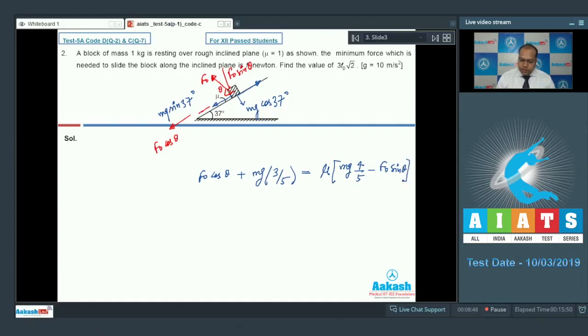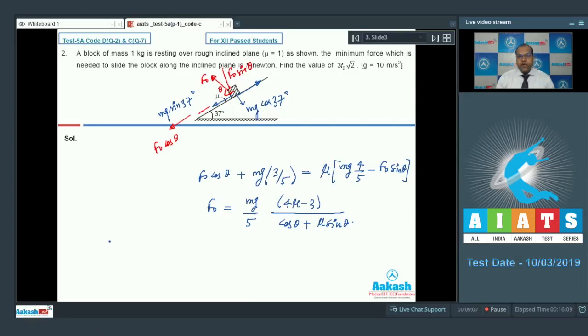If I solve this, the value of F naught comes out to be mg by 5 into 4 mu minus 3 divided by cos theta plus mu sin theta.